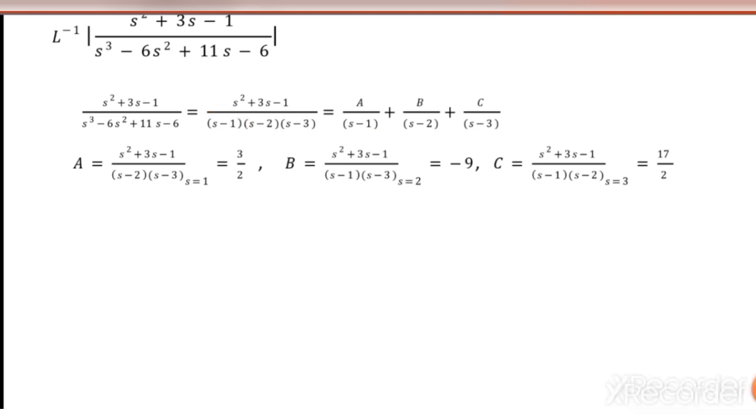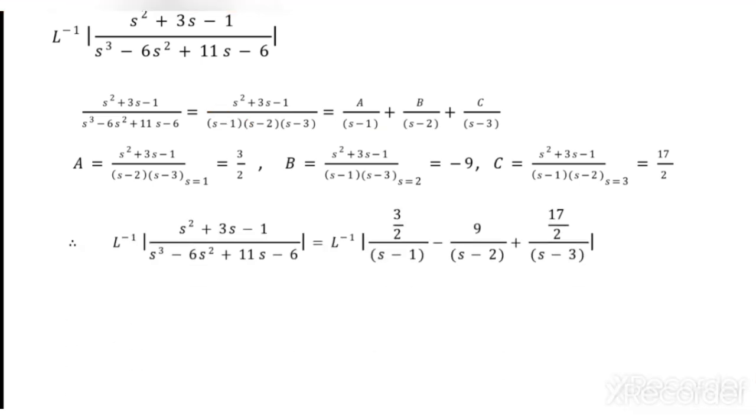So we can operate term by term now. L inverse of 3 terms: 3 by 2 by s minus 1, minus 9 by s minus 2, plus 17 by 2 by s minus 3. Each is an exponential. So we get back the result 3 by 2 e power t minus 9 e power 2t plus 17 by 2 e power 3t.